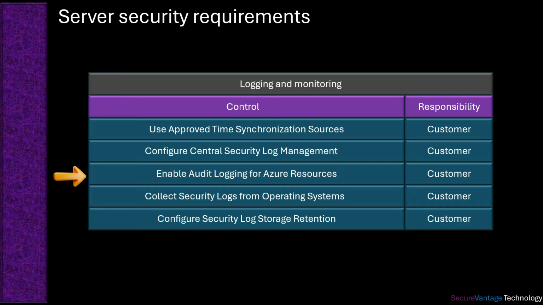Third control is enable audit logging for Azure resources. Audit logging is like keeping a detailed journal of all changes and actions taken on your server. Activity logs in Azure capture every operation performed on your VM resources, like creating, updating, or deleting resources. This is incredibly useful for troubleshooting errors or tracking how users modify resources.